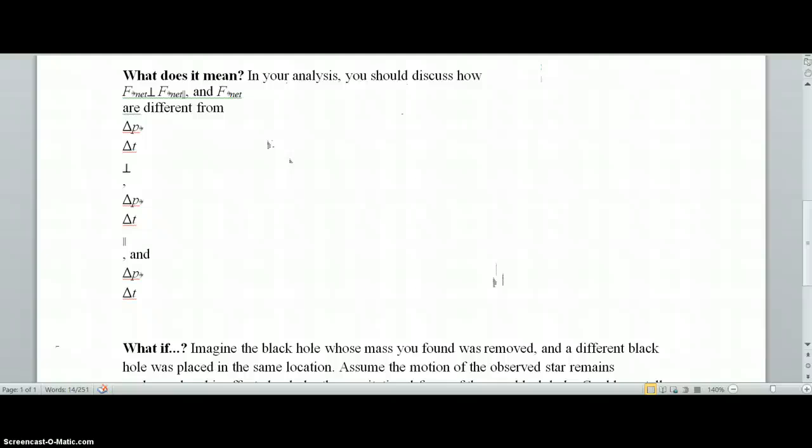And so a change in the momentum gives us a change in the Fnet. And the change delta P divided by delta T would be caused by those forces acting on this system.